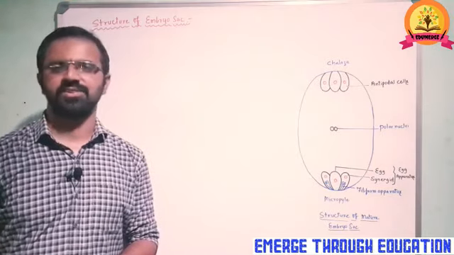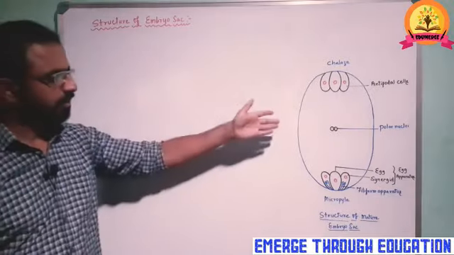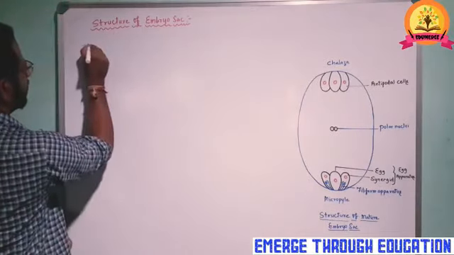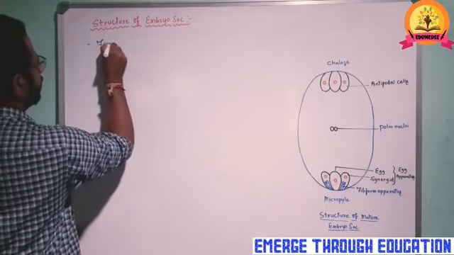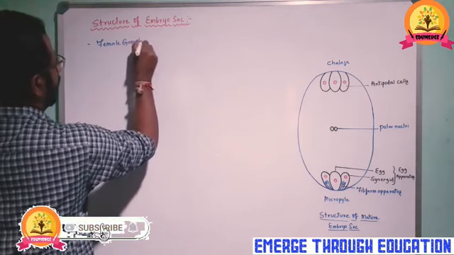In this segment, let us talk about the structure of embryo sac. Here, this embryo sac represents the female gametophyte.